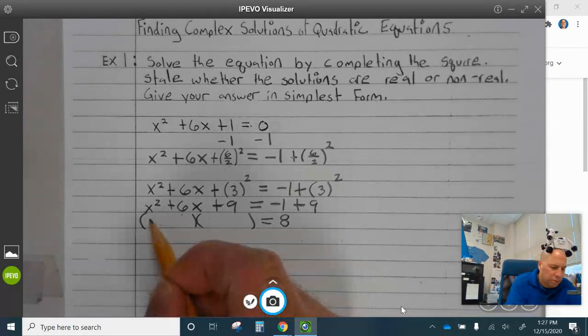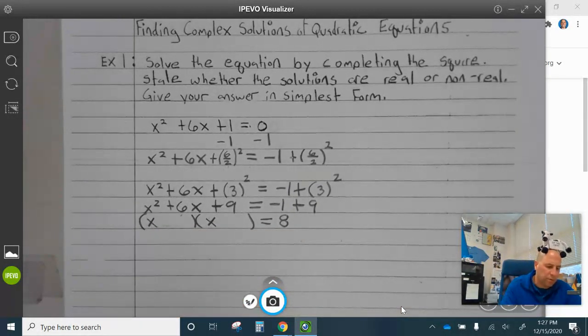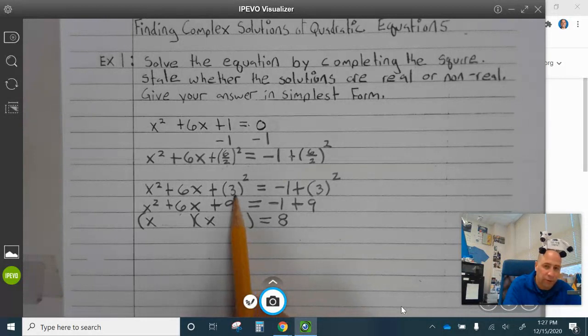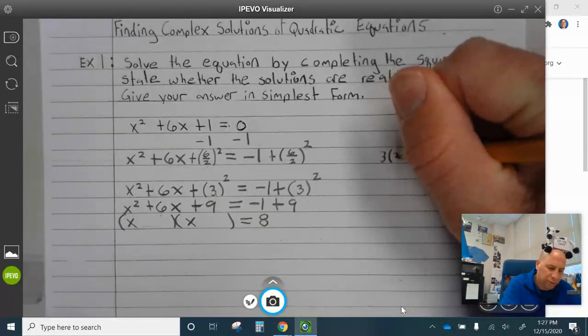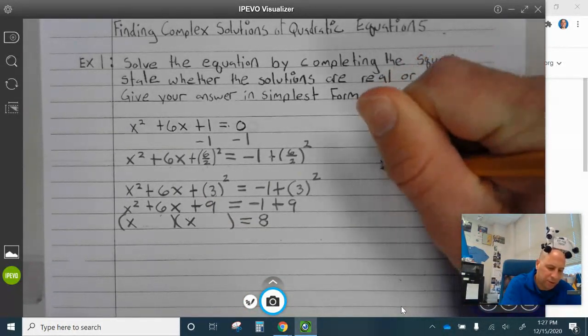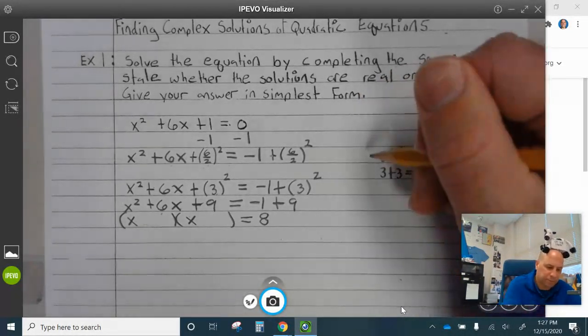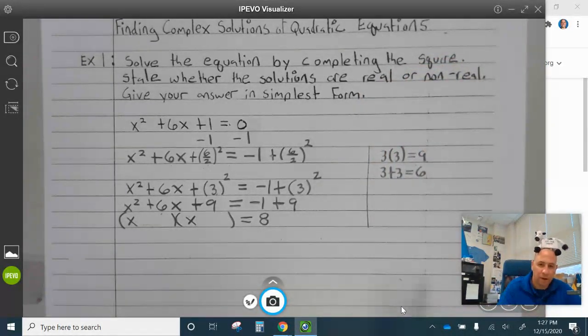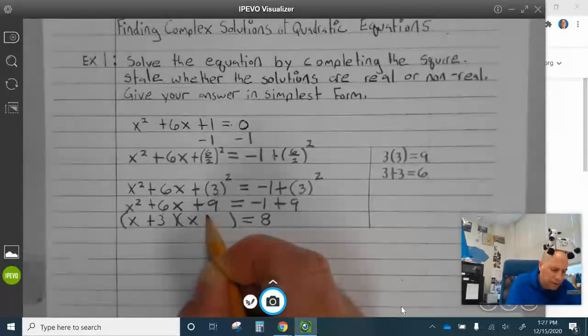We know x and x makes x squared. Well, this is our factor, 3, because 3 times 3 gives you 9, and 3 plus 3 is 6. So we know that this is our factor: x plus 3, x plus 3.